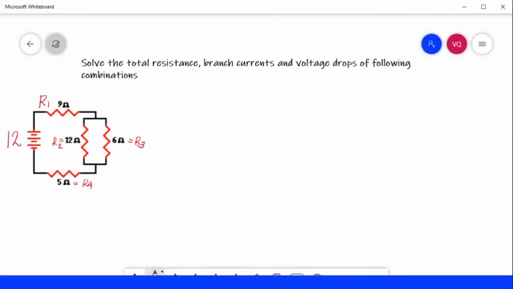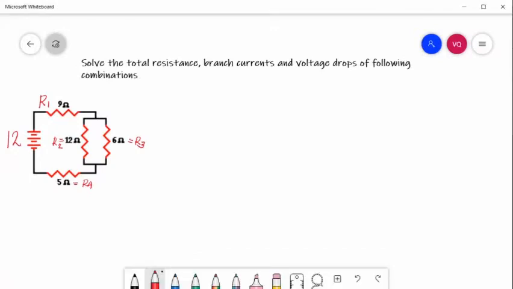Let's try to solve this first problem. Solve the total resistance, branch currents, and voltage drops of the following combinations. Later on, we will simulate this circuit in Electronics Workbench for us to see if our calculations are correct.